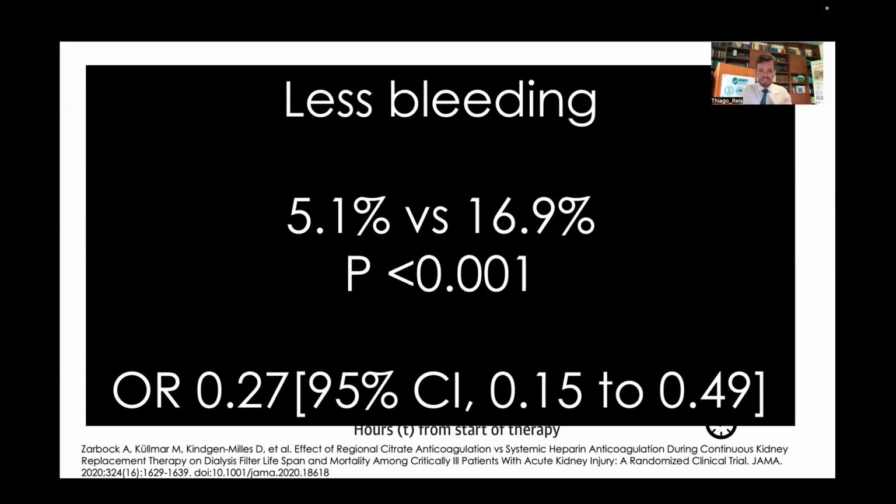In this very same study, bleeding episodes occurred in 5% of patients on citrate, but they were not due to citrate. Remember, those patients were critically ill and they have a bunch of reasons to develop bleeding. But in the heparin arm of the study, almost 17% of patients had a bleeding event. So citrate is safer and heparin increases the risk of patients developing bleeding events three times.